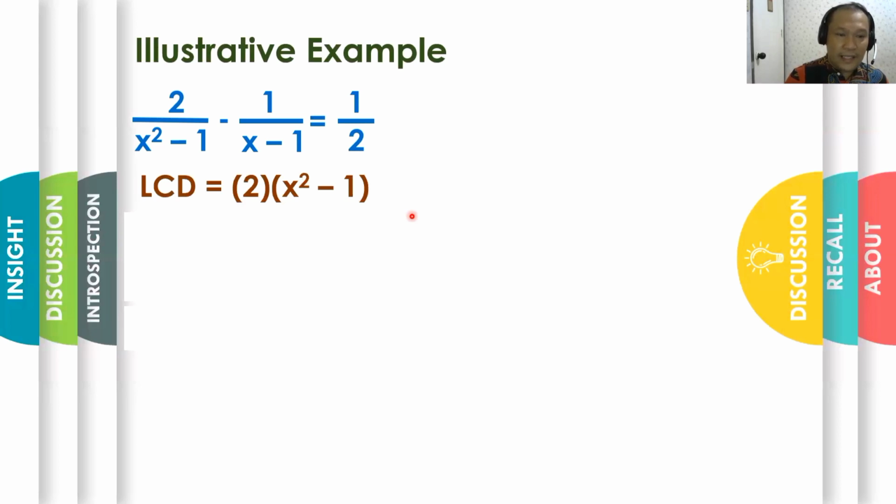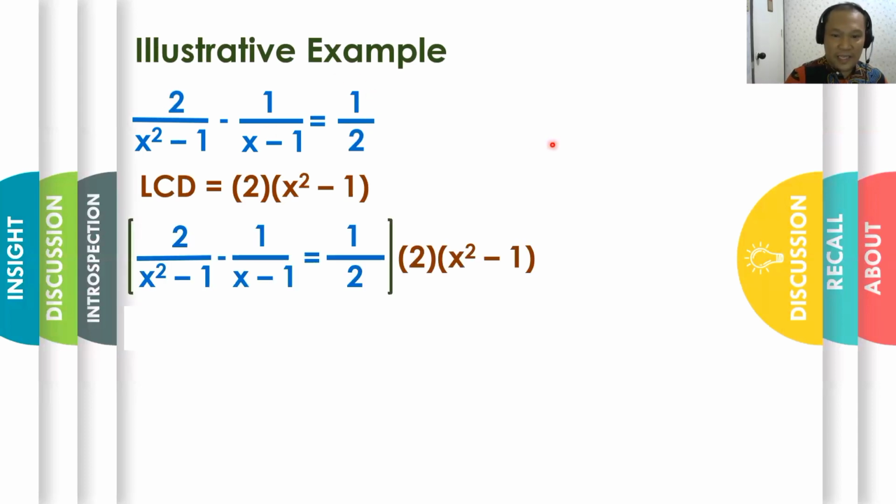Next, the LCD will be multiplied to our rational equation, on both sides. After we multiply both sides, the given LCD will be divided by our denominator, then the quotient multiplied to our numerator.